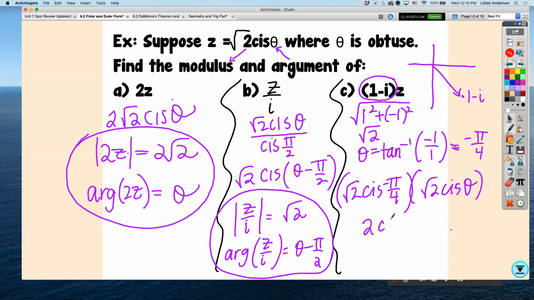And then when I multiply with my properties of cis, I should do what to the angles? Add them. So now that I actually have my most simplified form, I can figure out that my modulus of 1 minus i times z is equal to 2. And my argument of 1 minus i times z is equal to what?